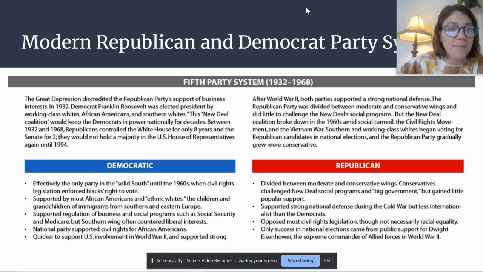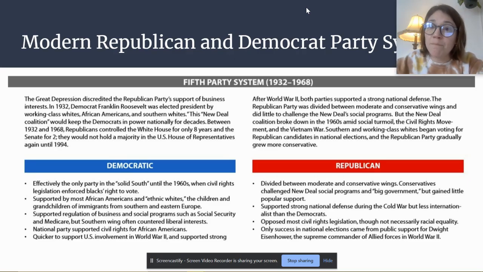This New Deal coalition, or groups of people coming together to support a common cause, would keep the Democrats in power nationally for decades. Between 1932 and 1968, Republicans controlled the White House for only 8 years and the Senate for 2. They would not hold a majority in the U.S. House of Representatives until 1994. So Democrats really run the fifth party system.